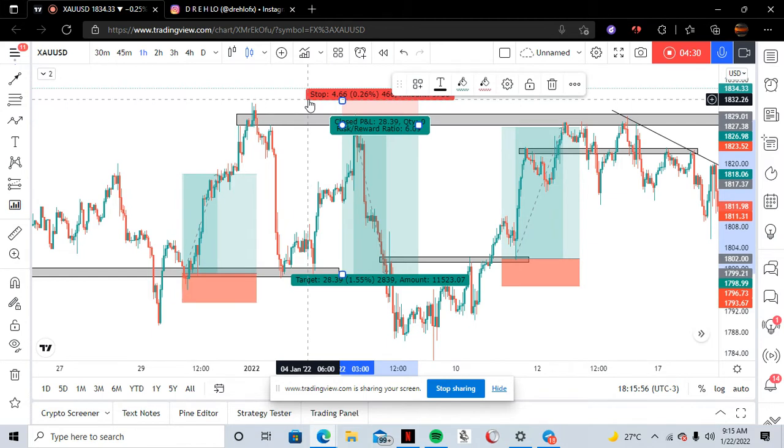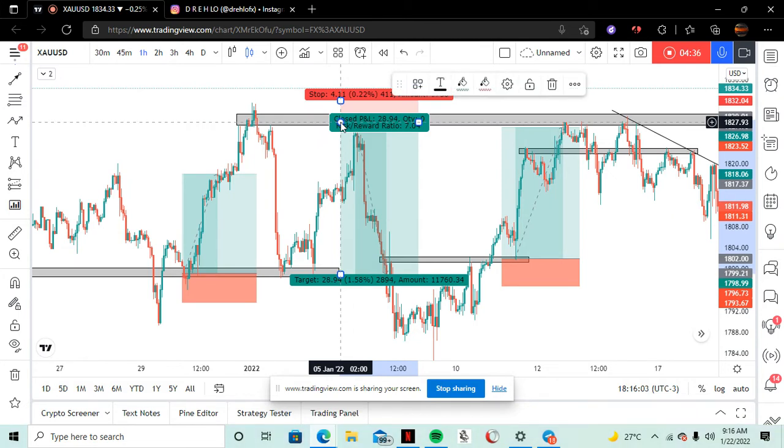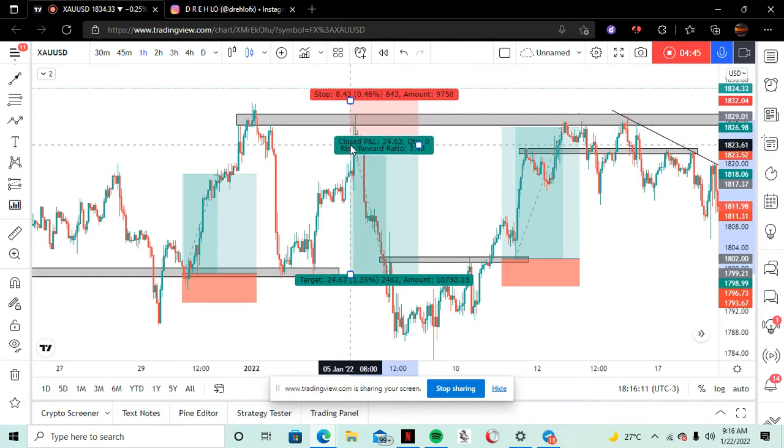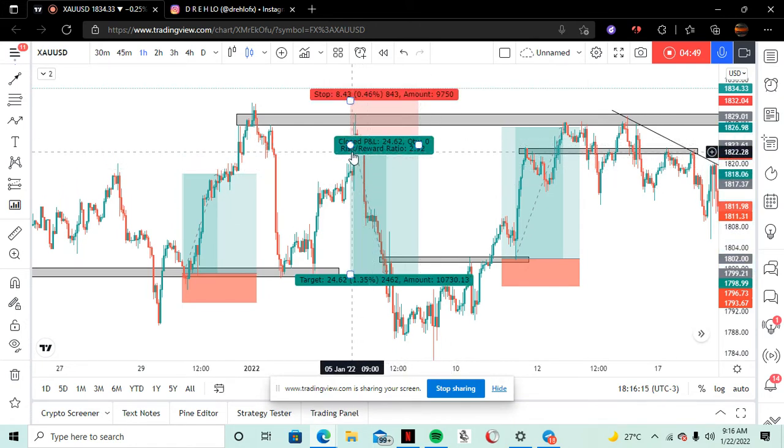Why I put my SL here is because I got in for a sniper entry using a very small lot size, but my main bigger position was around here.